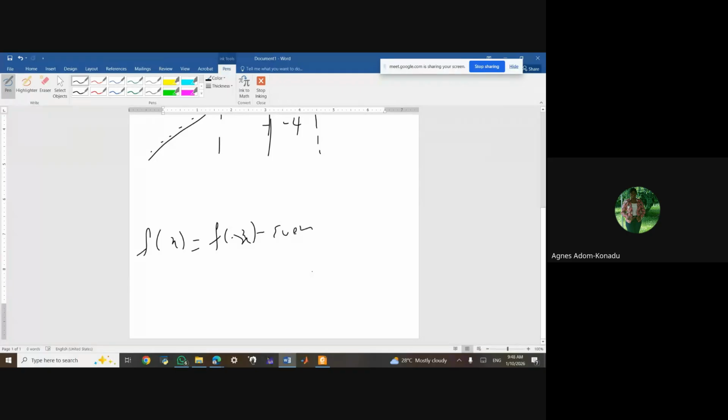But if f of minus x is equal to minus f of x, then the function is odd. Please put this one somewhere.